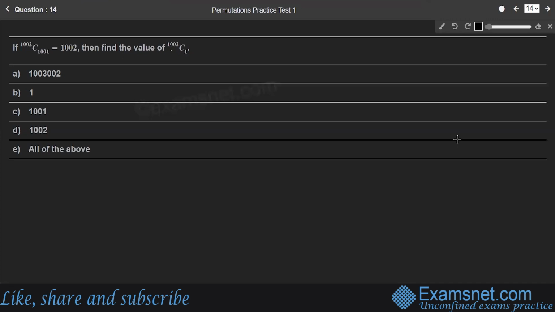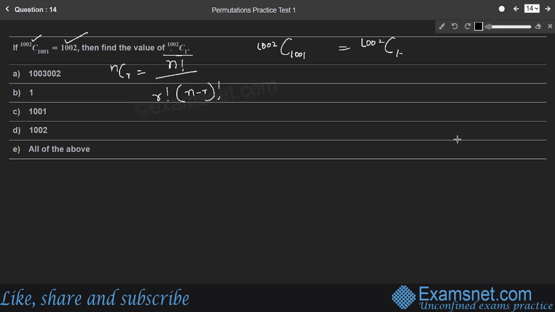Question number 14. If 1002C1001 is equal to 1002, then find the value of 1002C1. Here, student, 1002C1001 is equal to 1002C1, because we know that nCr is equal to factorial n divided by factorial r into factorial n minus r.